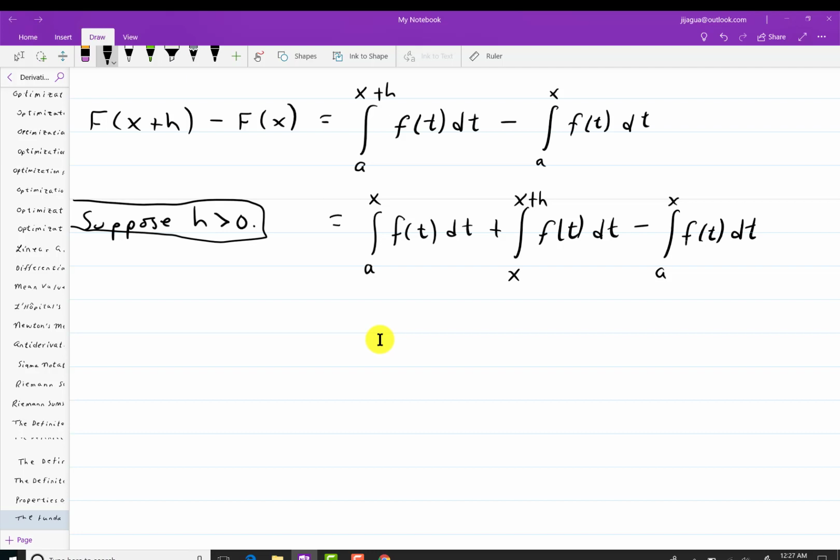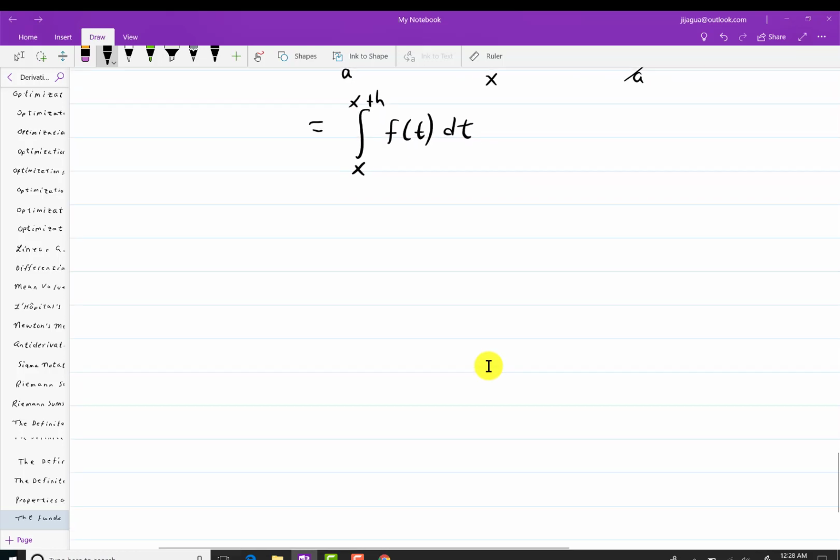So I can cancel the integrals from a to x, and all that I'm left with so far then is the integral from x to x plus h of f of t dt.